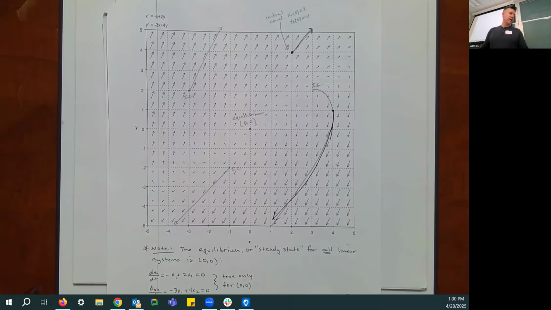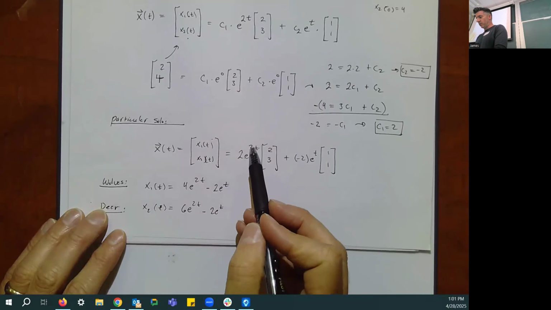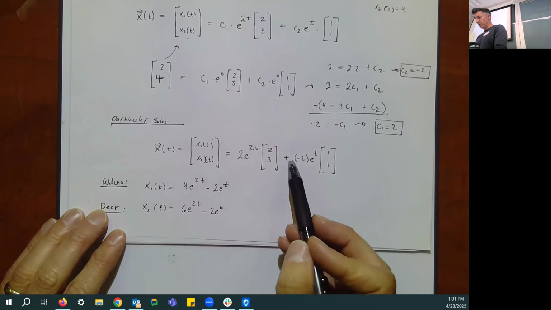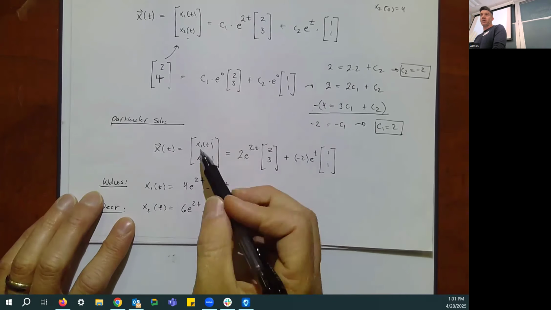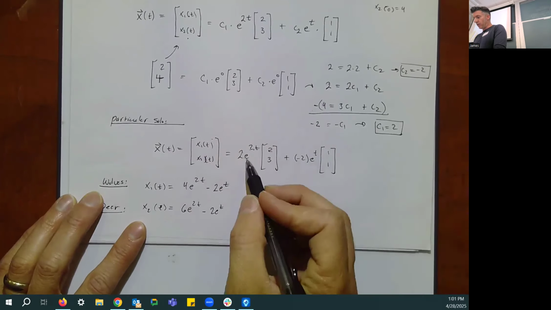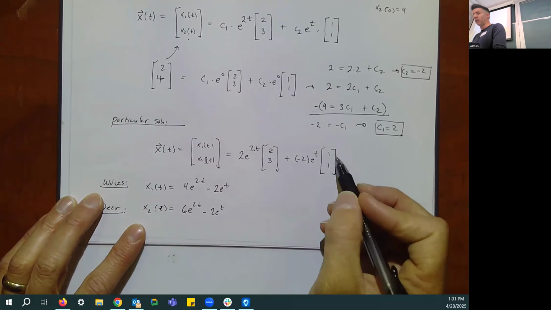So if you look at your general solution here, where I wrote C1 e^(lambda 1 t) times V1 plus C2 e^(lambda 2 t) times V2, the x1 is just the top row. So it's this constant times 2 plus this constant times 1.